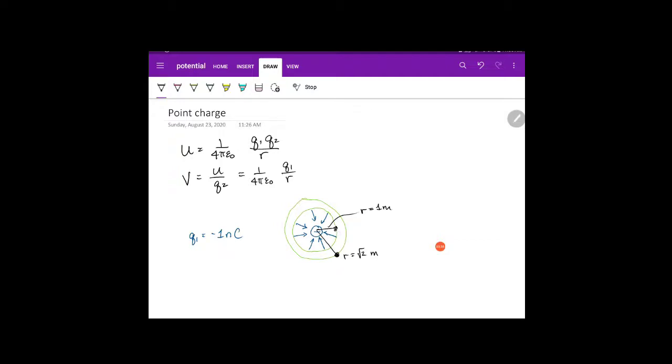So it's as if this forms a right triangle where the two sides are 1 meter long, and then the hypotenuse here is square root of 2. And so then we ask the question, what is the potential difference? We're almost always interested in a potential difference, a delta V, because that's a change in energy that would occur going from one particular place in space to another.